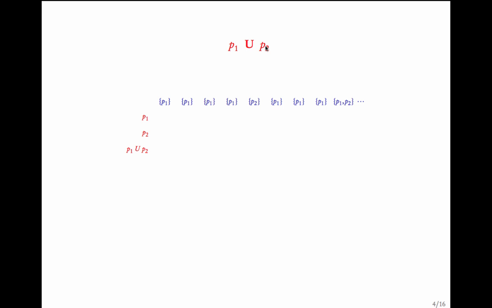P1 until P2 is an LTL formula made out of the subformulae P1, P2, and P1 until P2 is again a subformula which is equivalent to this formula itself. Let us now try to evaluate each of these over this word.